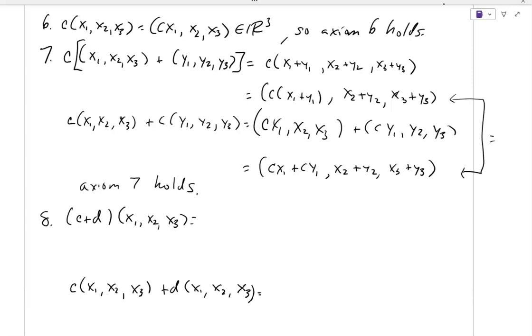I've just changed the letters. You could use x, y, z if you wanted to, or I could use x1, y1, z1 and x2, y2, z2 if you wanted to. It doesn't matter. I just changed the letters. I also changed the k to a c.